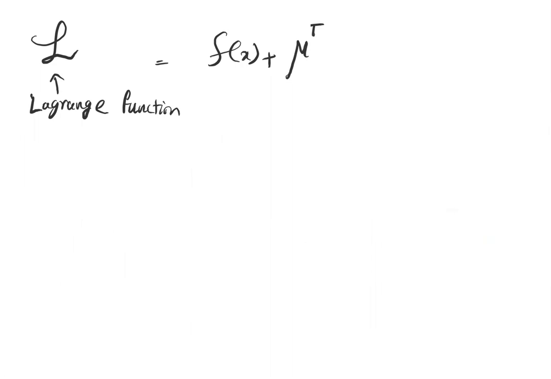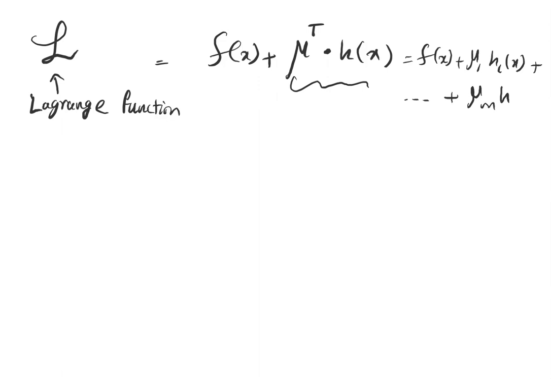So this is the Lagrange function. The way that we formulate it is f of x plus a vector of Lagrange multipliers for inequality constraints multiplied by each constraint. If we expand this, it's going to be f of x plus mu1 h1 of x plus up to mu m hm of x, where we have m inequality constraints.